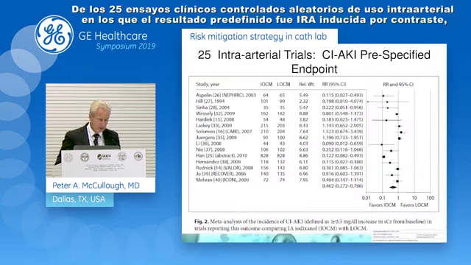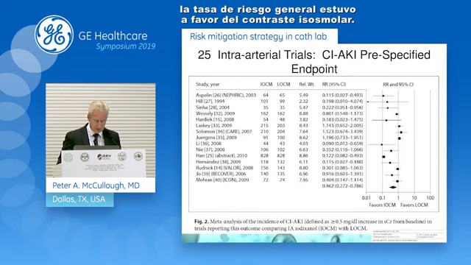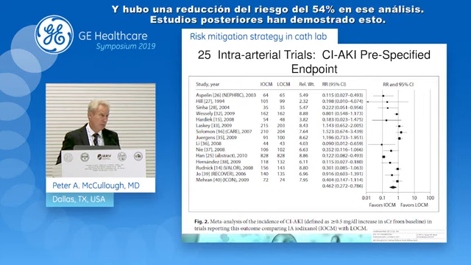And I can share with you of the 25 intra-arterial trials where contrast-induced acute kidney injury was the pre-specified endpoint, and it was a head-to-head randomized controlled trial, that the overall hazard ratio was in favor of isoosmolar contrast. It was a 54% risk reduction in this analysis.